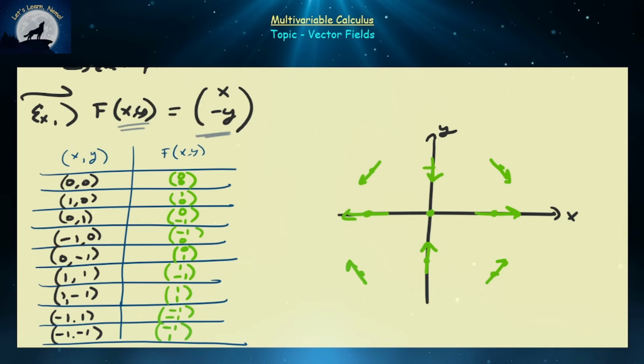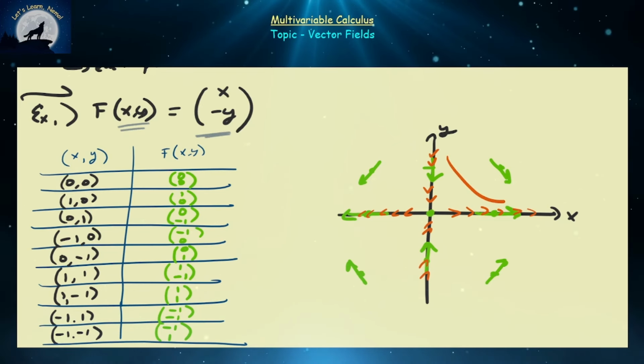Right? So when you actually streamline or create vector flows of this particular expression, we clearly see that we have streamlines going down the top side of the axis and going up the bottom side of the axis. And on the left, things are moving west, and then these are going to move east.